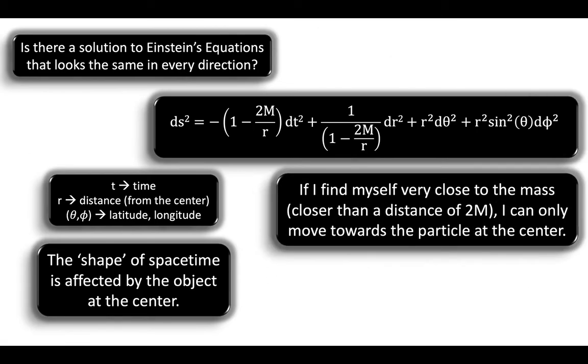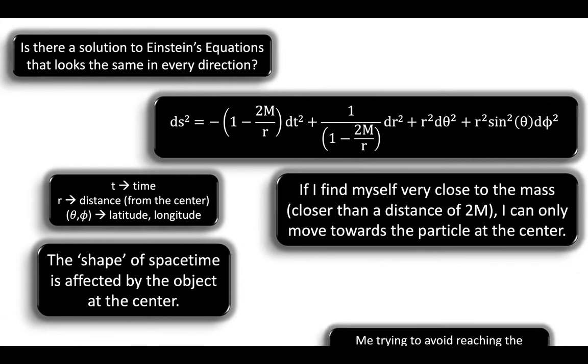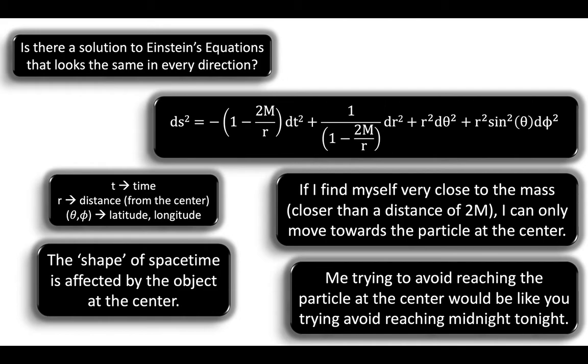And if I find myself really, really close to the center, really close to that particle at the center, I can only move towards the particle at the center. Me trying to avoid reaching the particle at the center would be like me trying to avoid reaching midnight tonight. There's nowhere I could go.